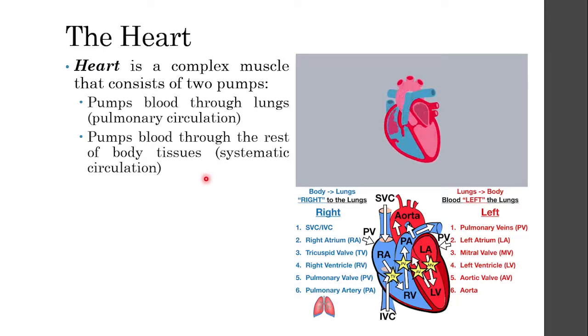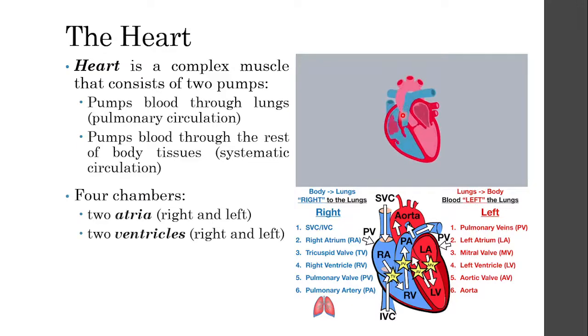So let's discuss the structure of the heart. The heart looks something like this. No, it's not the heart emoji. It's quite different, but it's usually around the size of your fist for humans, and it has four chambers. We have the atria and the ventricles. Four, because we have two atria, one on the right and one on the left, and then we have two ventricles, one on the right and one on the left.